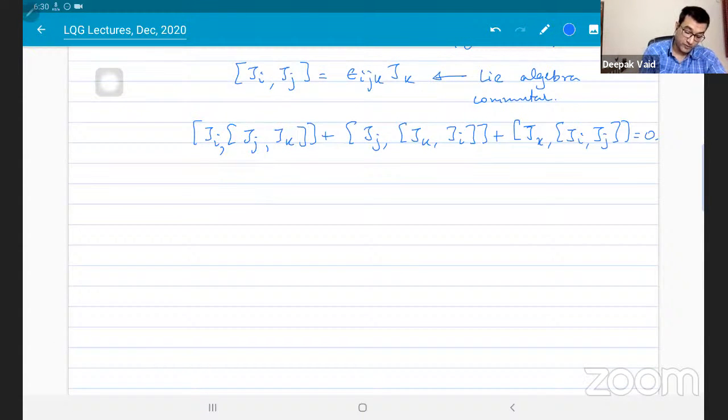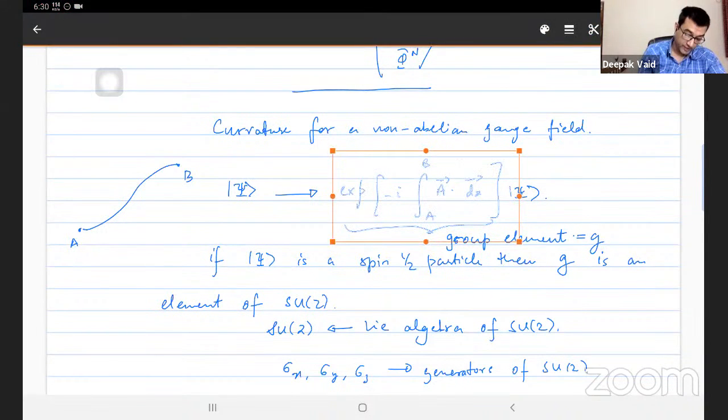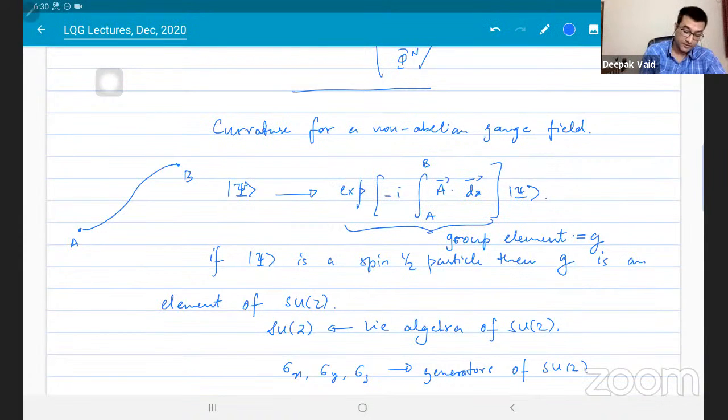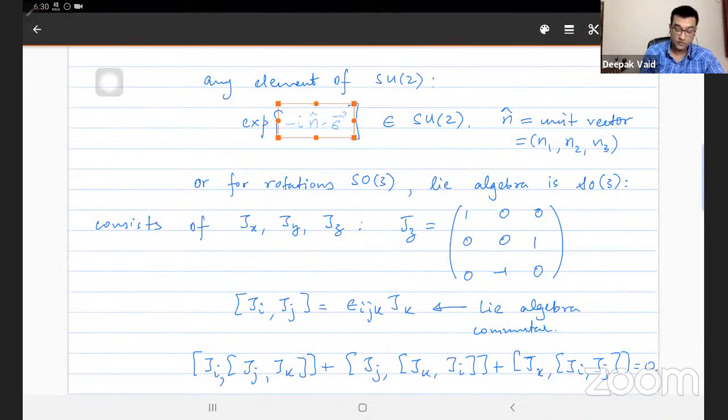So what we want is that when you do this transport from one point to another, you want to be able to write down the transformation of this state as being multiplied by some element of your group, something which looks like some linear combination of the group generators.